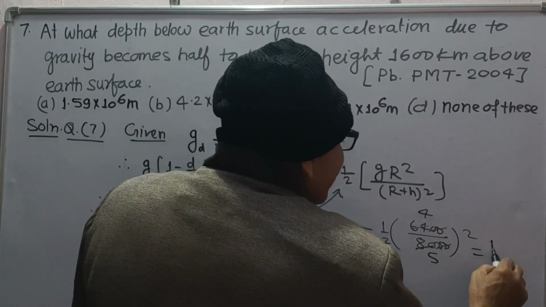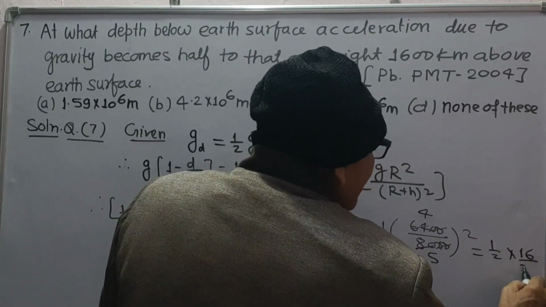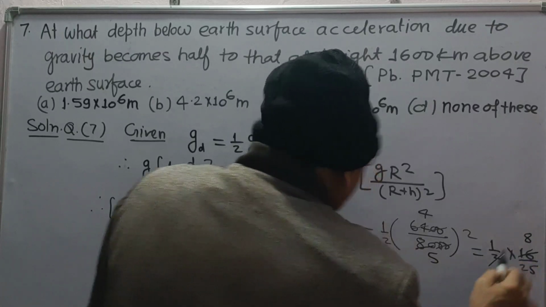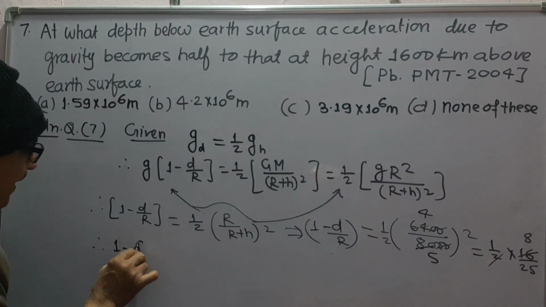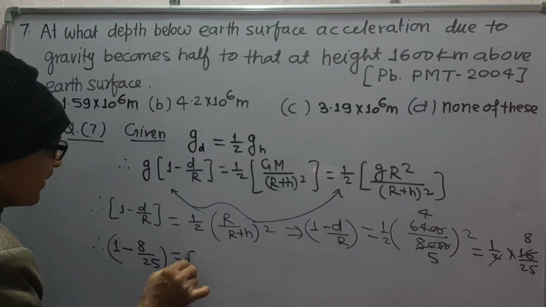This can be written as 1 by 2 into 16 upon 25, that is 8 upon 25.